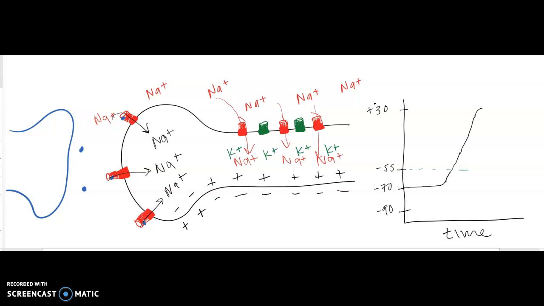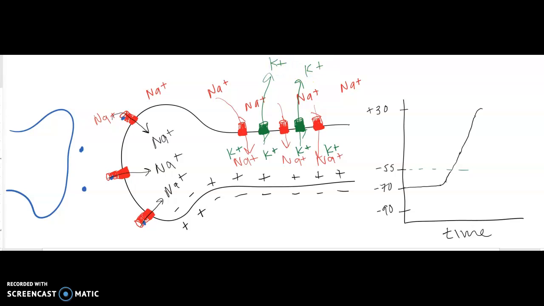So once I reach positive 30, these ones are going to start popping their lids. They pop their lids this way, and potassium moves out because of the concentration gradient that we learned about last time. So see where all of the potassium is. The potassium is going to want to move down its gradient, so the potassium is going to move out.